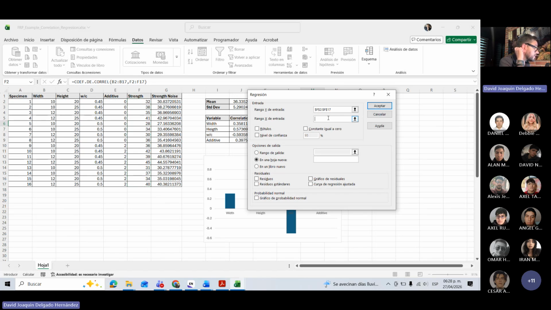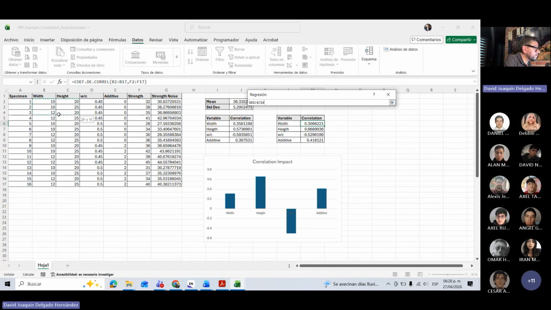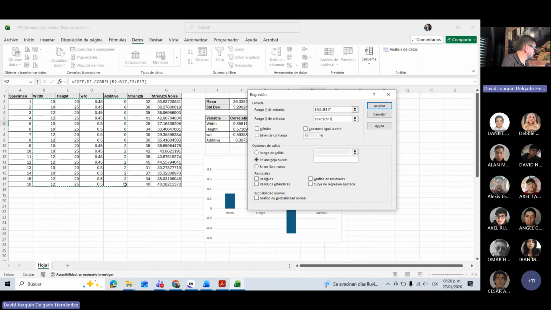In the X range, you are going to choose from B2 until E17 here.